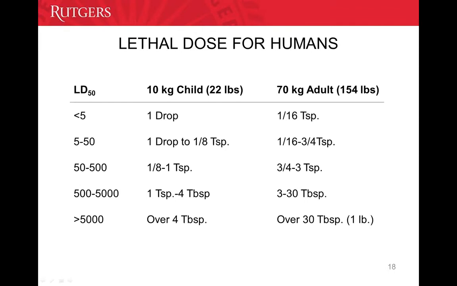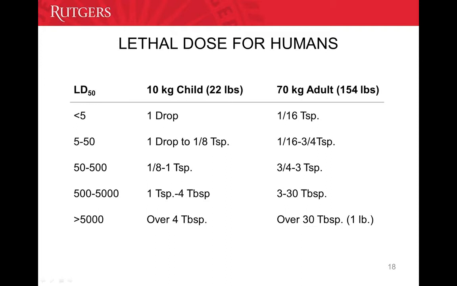And just for some kitchen measurement here, we assume that a child would weigh about 10 kilograms, that's about 22 pounds, and a healthy adult about 70 kilograms, or 154 pounds. And if the LD50 of the compound is measured to be less than 5, then it takes barely a drop to be lethal for a child, and about 1/16 of a teaspoon for an adult.